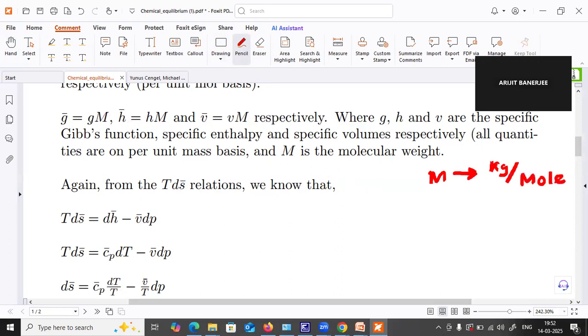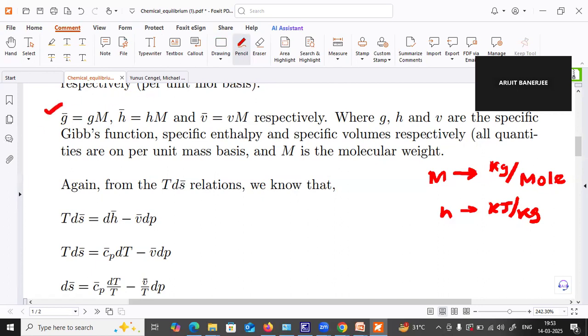And H unit, what is that? Unit of H is kilojoule per kg. So if I multiply these two, kg and kg will be nullified, and therefore it will remain as kilojoule per kilomole. So it is all right.